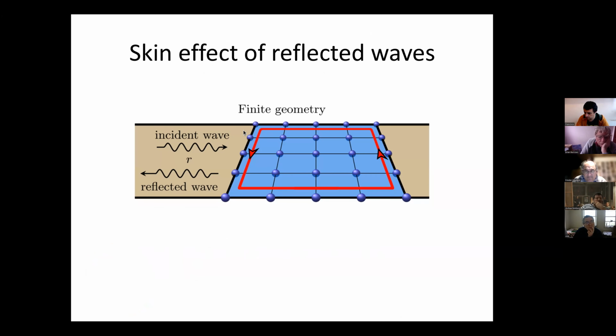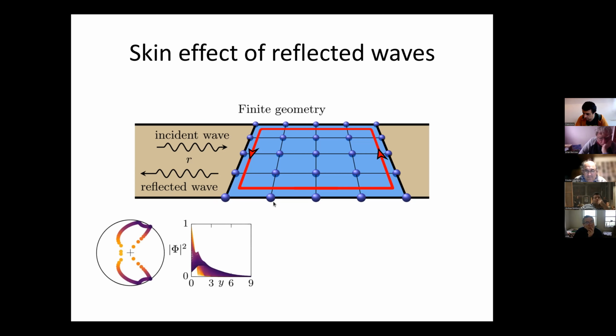If I go to a finite geometry, now this is something you would do in real life, because cylinders are hard and infinite systems are very hard in real life, but something finite can probably be done. So this is a waveguide which has a finite width. It's connected to a Chern insulator that has a finite width. And I see the eigenvalues and eigenvectors of the reflection matrix.